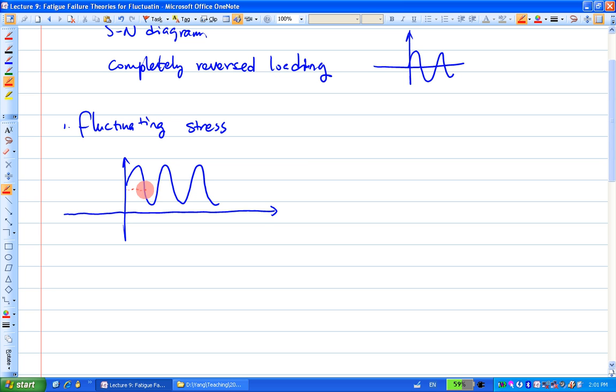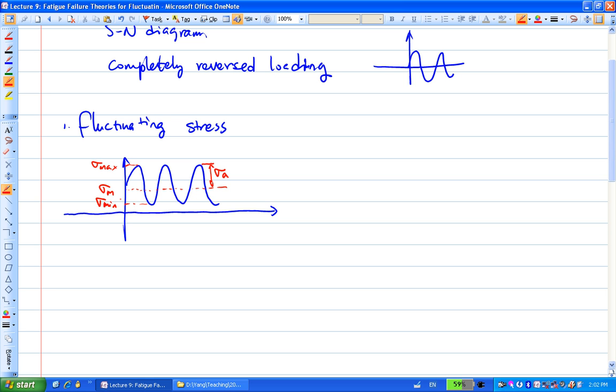Essentially, it's a sinusoidal curve, which has a mean value, and the mean is not 0 anymore. And it's a sinusoidal curve, so it must have an amplitude, and that's sigma A, the amplitude. It also has the maximum value, and it also has this mean value.